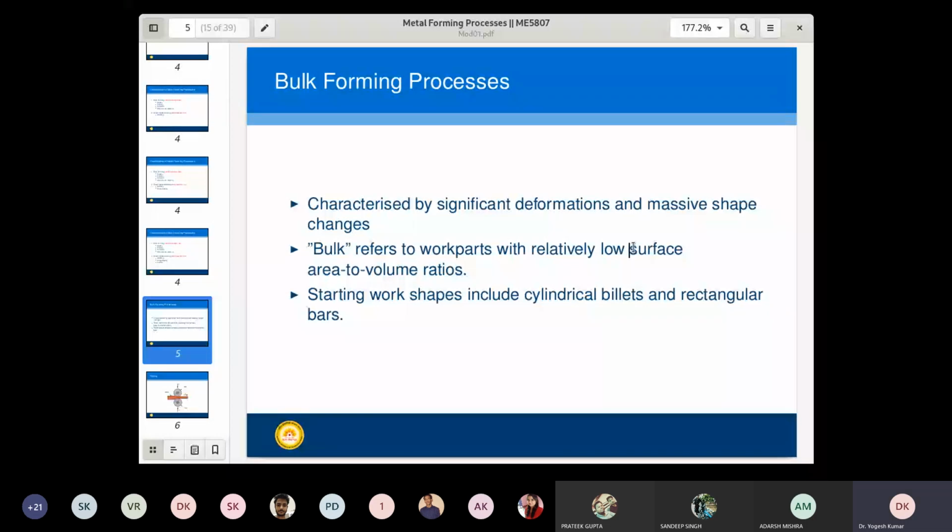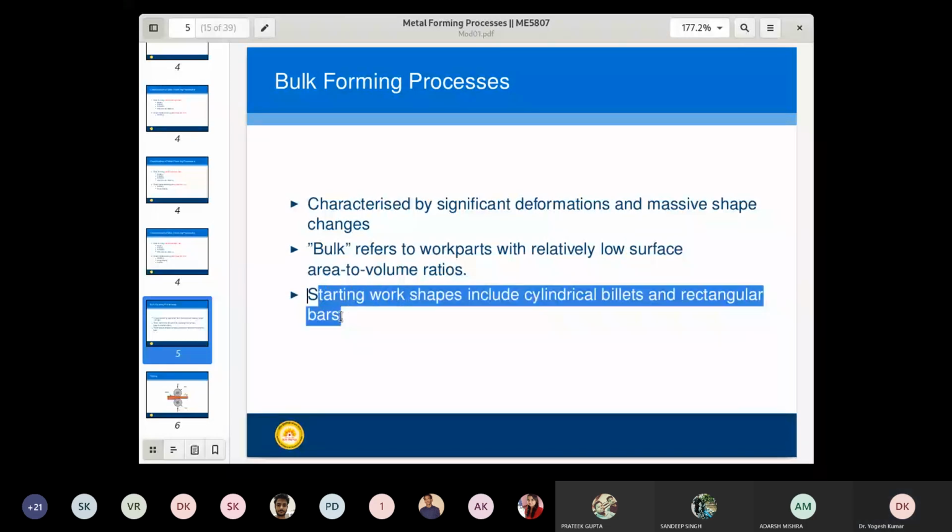Okay, this is written in reverse order. The area upon volume ratio is low, while similarly the volume upon surface area ratio will be high. Okay, the starting workpiece shapes may be cylindrical billets or rectangular bars.